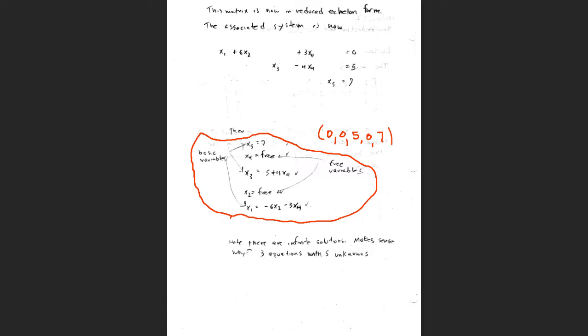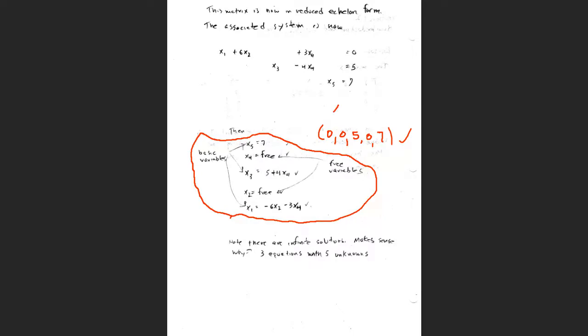Mikhail says yes. And the answer is yes. Because in terms of x2 and x4, my free variables, for this particular point here in 5-dimensional space, x2 would be what and x4 would be what?